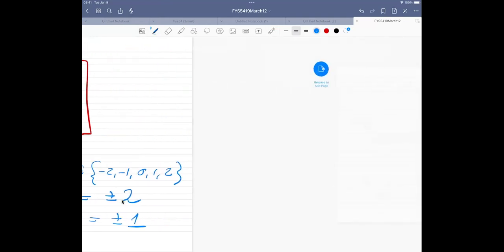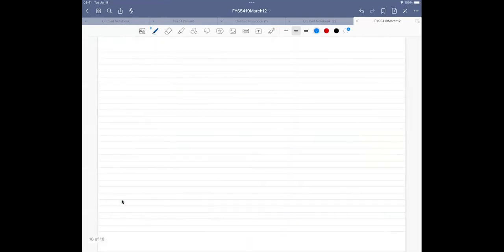Then we have these lowering or raising operators, J plus and J minus. I'm just setting up all the possibilities here, and I'm hoping I'm writing them down correctly. So in this case, I would have a J plus or J minus squared.